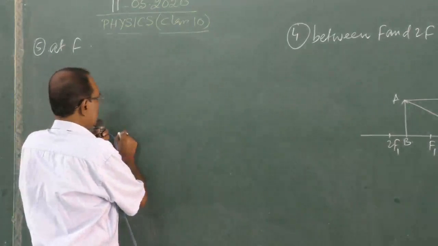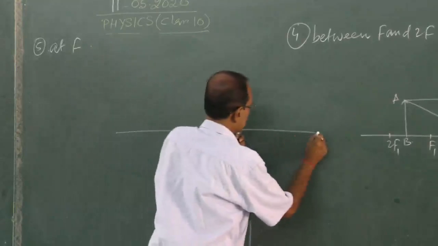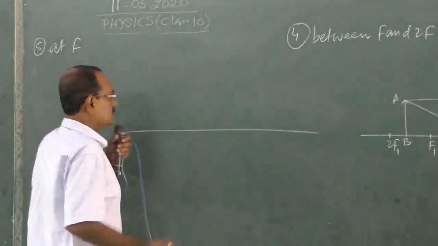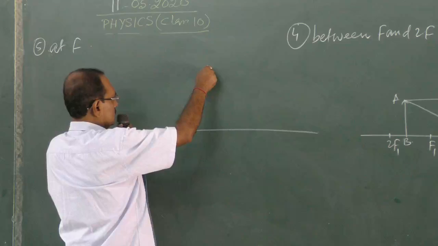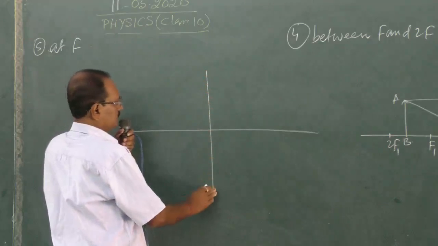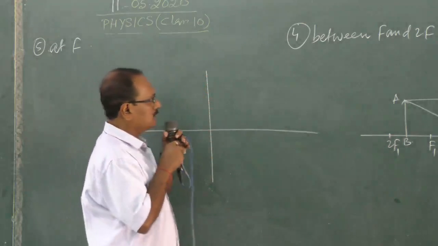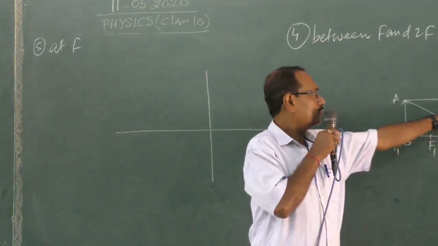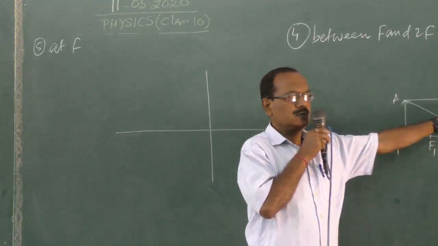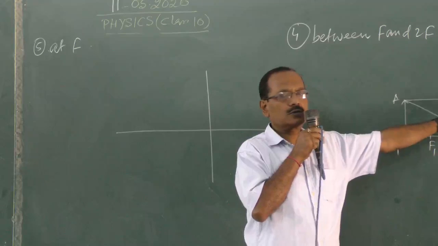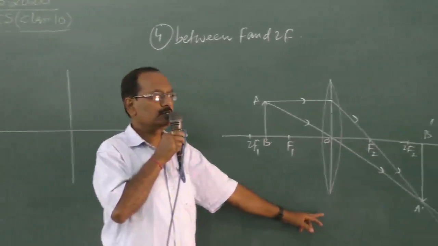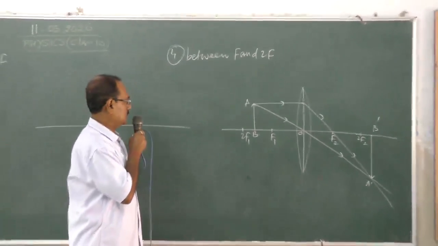Then again we will draw the principal axis and the center line of the lens, because refraction will show from the center line of the lens. Bending of lights, all will show from the center line of the lens.